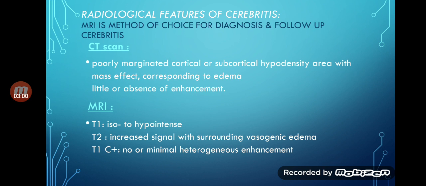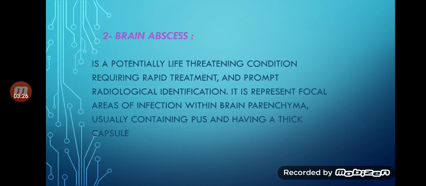Really, I don't see any enhancement on CT scan in cerebritis. On MRI, cerebritis appears hypointense on T1 and hyperintense, meaning bright, on T2, with minimal heterogeneous enhancement with gadolinium. This is the appearance of cerebritis.